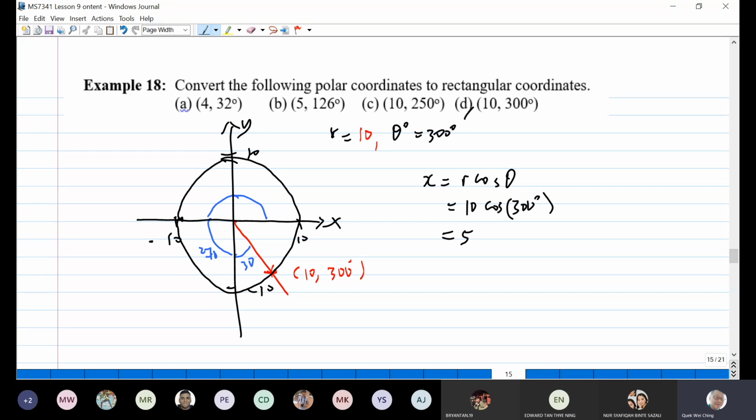X positive. Your y will be negative because this is below the x-axis. So r sine theta, which is 10 sine 300. And this time you get minus 5 square root 3, or minus 8.7.